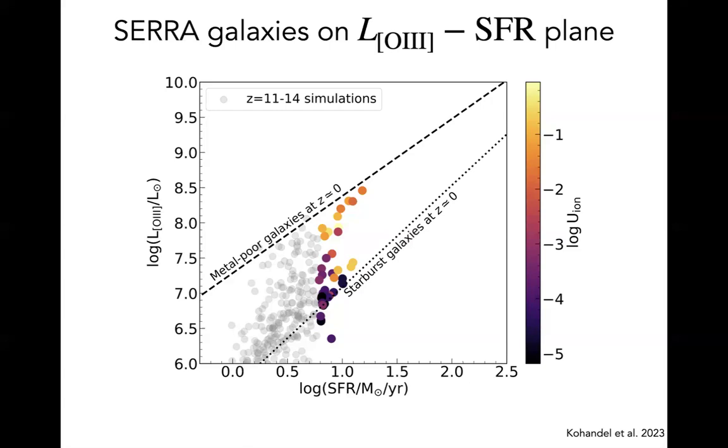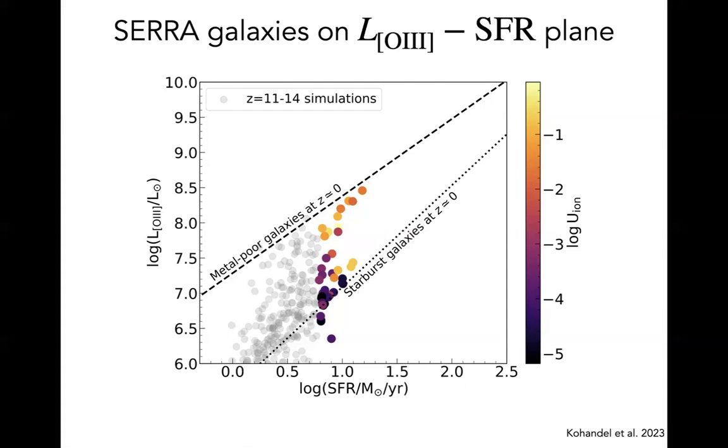Here I'm showing all the 366 galaxies on the L_O3 over SFR plot. The colored ones are the galaxies I showed you. There are 42 of them, which sit in the star formation, redshift, and stellar mass range of these massive galaxies at high redshift.